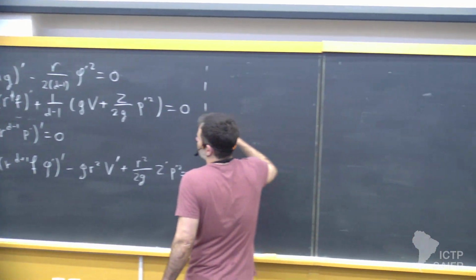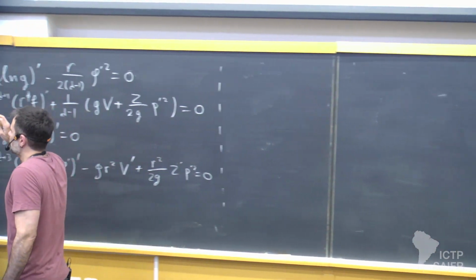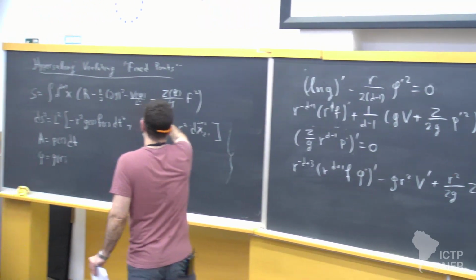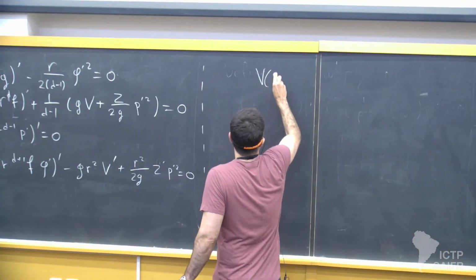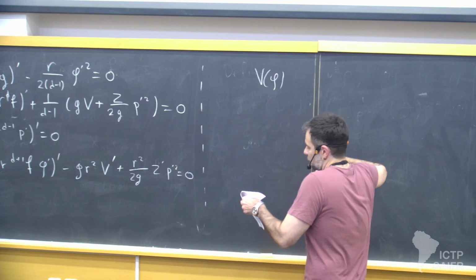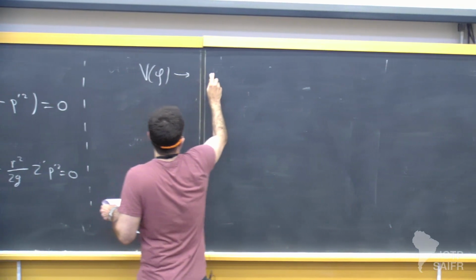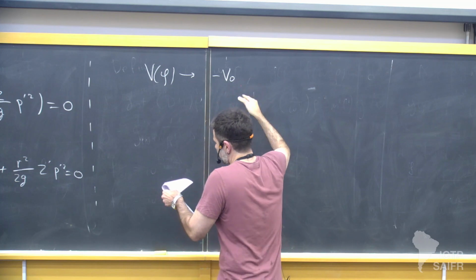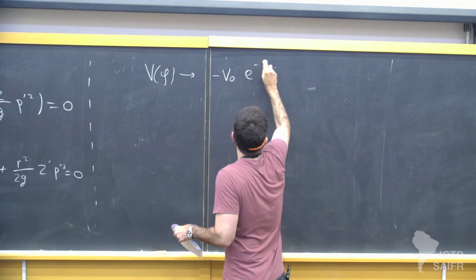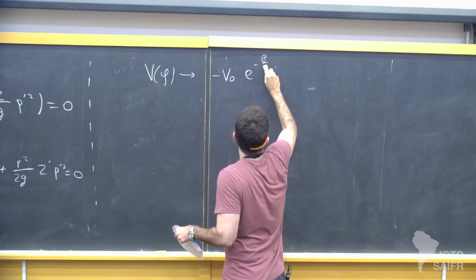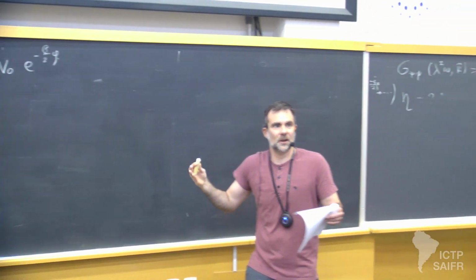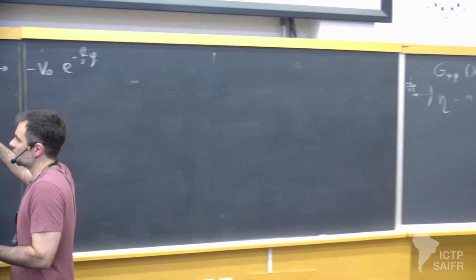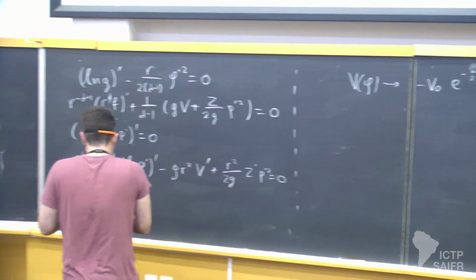What happens quite often is that this scalar phi becomes quite large. And in the large phi limit, V behaves like minus some constant times some exponential of phi. Okay, this is when phi is large. This is a limiting behavior for this potential.